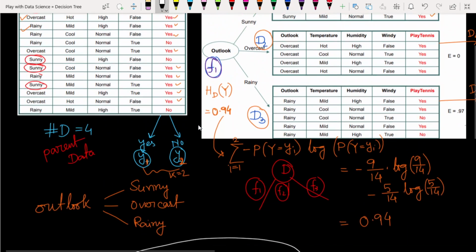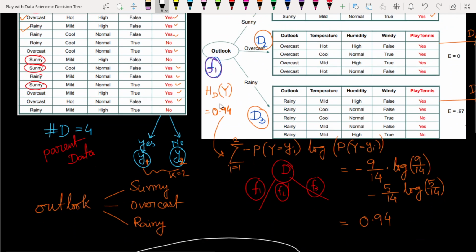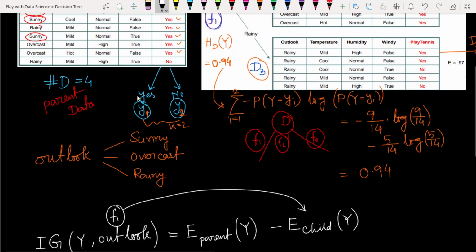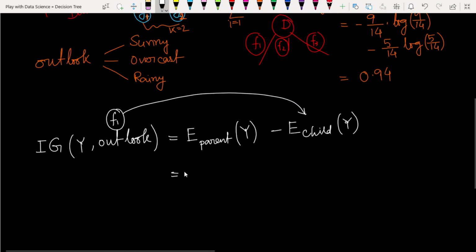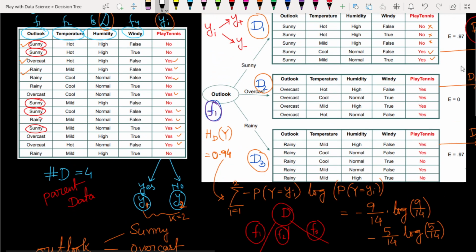So what is the entropy for the parent? The parent entropy is 0.94. And what is the child entropy? Child entropy is this one, 0.97.